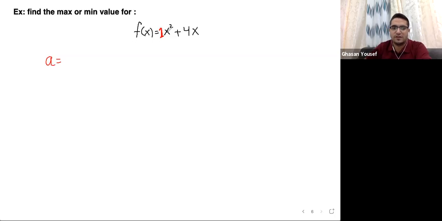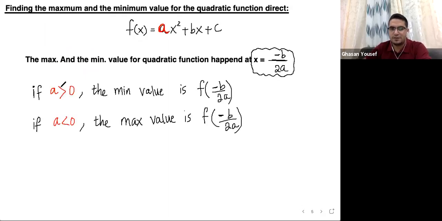The coefficient of x squared is 1, which is a positive number, greater than 0. Because a is positive, the function has a minimum value, and the value is f of minus b over 2a.